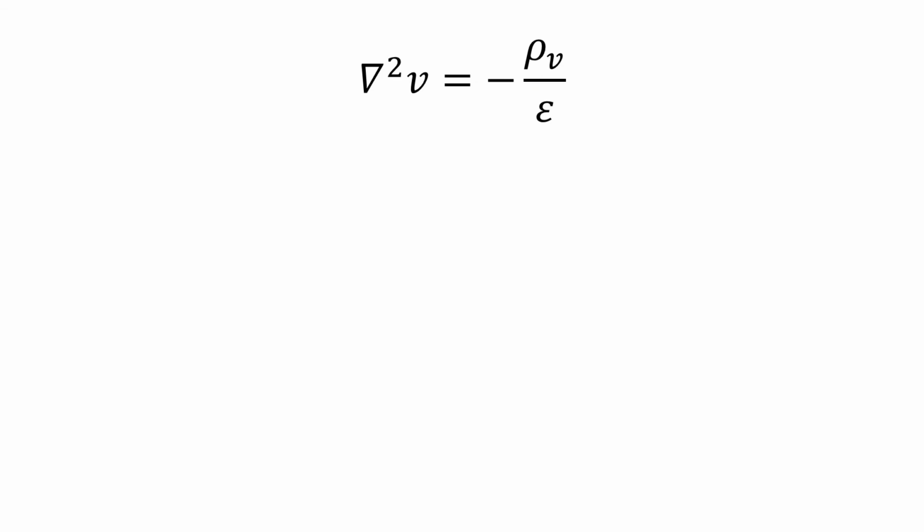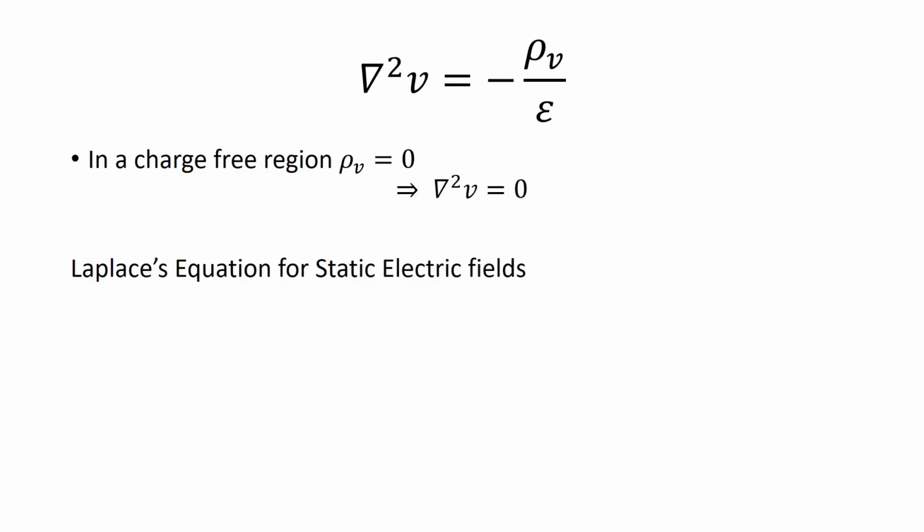Poisson's equation for static electric fields says that the Laplacian of electric potential is equal to minus rho v by epsilon. For a charge-free region, that is when the charge density is equal to 0, the Laplacian of electric potential is equal to 0. This is called the Laplace equation for static electric fields.